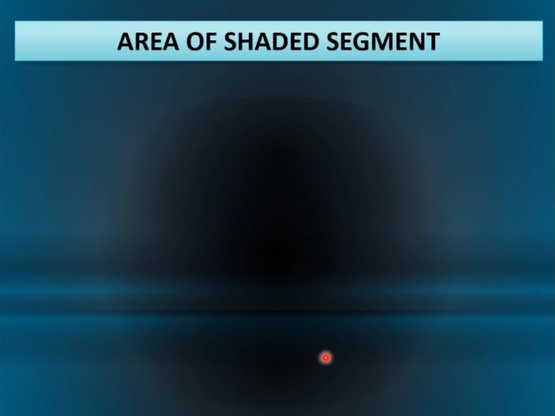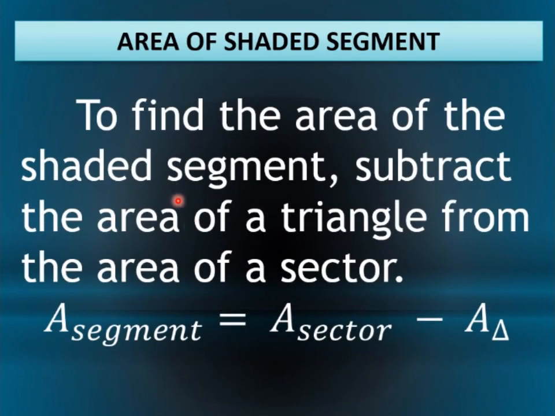In finding the area of the shaded segment, we subtract the area of a triangle from the area of a sector, or we have the area of the segment is equal to the area of the sector minus the area of a triangle.